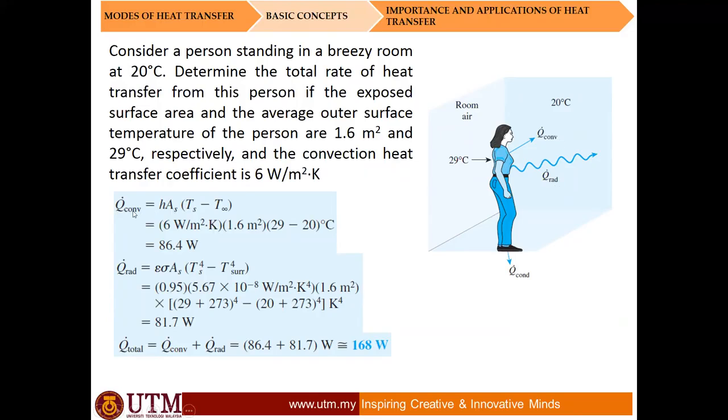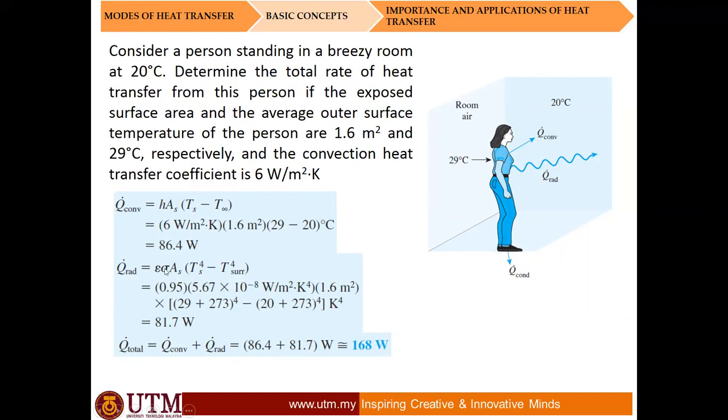Okay, so for convection, this is the equation related to convection. This is the heat transfer coefficient, which is 6. This is the effective surface area of the body, T surface is the surface temperature of the body, and T ambient is the ambient temperature. And this is the equation for radiation.